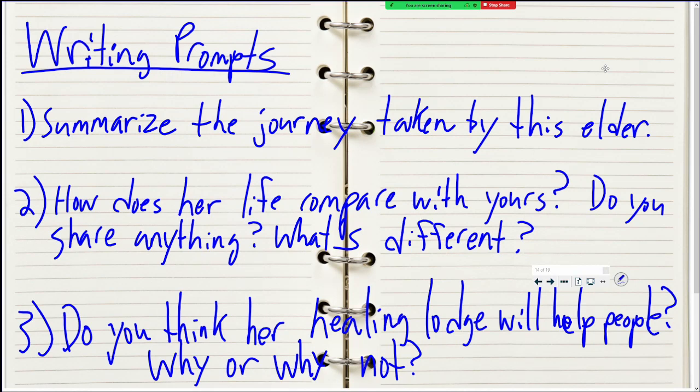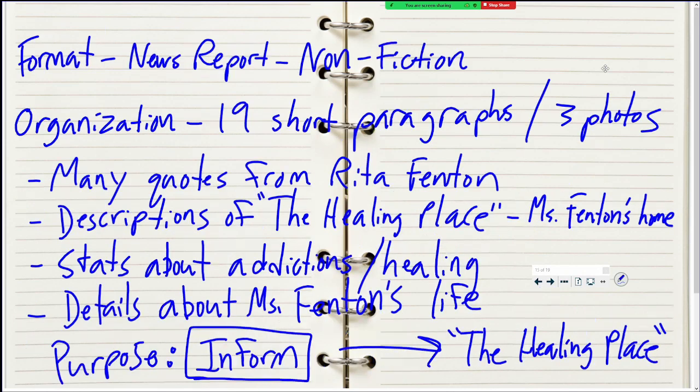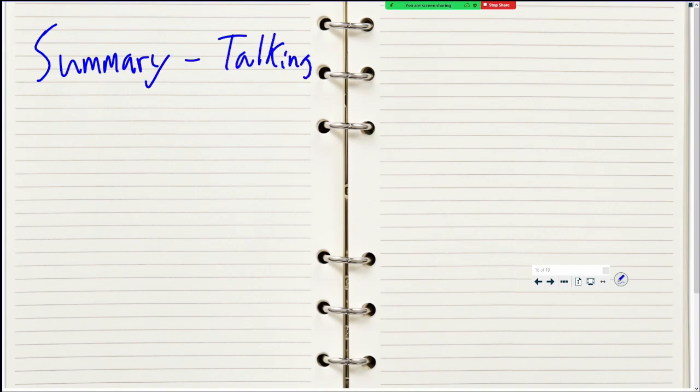When you're summarizing it, you can quote the text directly, you can put quotation marks around things, but put it into your own words. And when you provide a summary, you need what's called talking points, right?